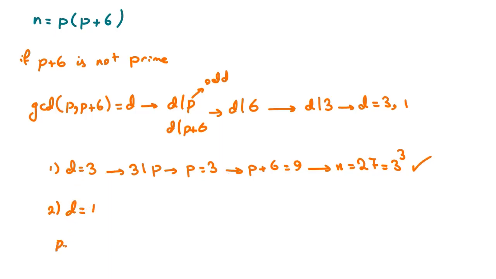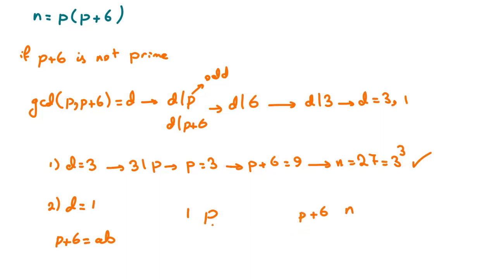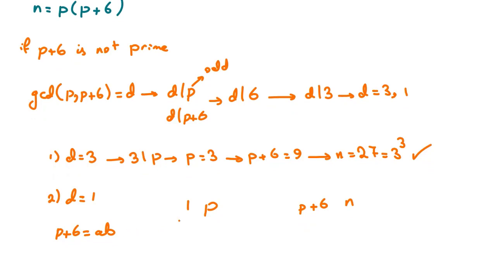If p plus 6 is not prime, p plus 6 again we can say is ab. And we know the smallest prime is p, then n, then p plus 6. So you can write p plus 6 as product of two numbers greater than or equal to p because they don't have any common divisor with p. Their GCD is 1. They are relatively prime.